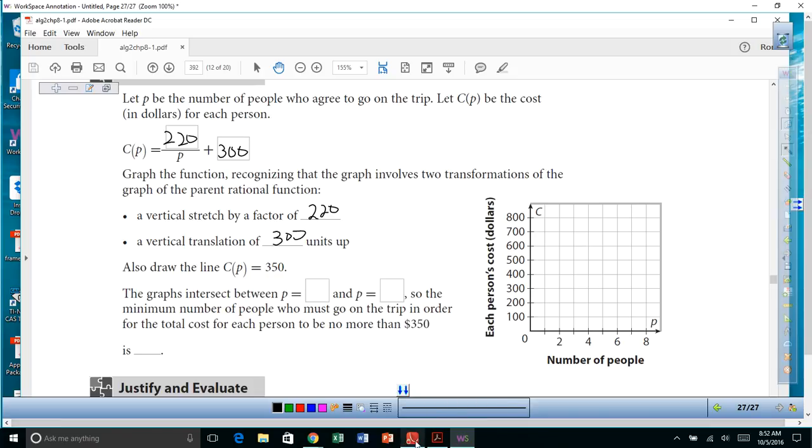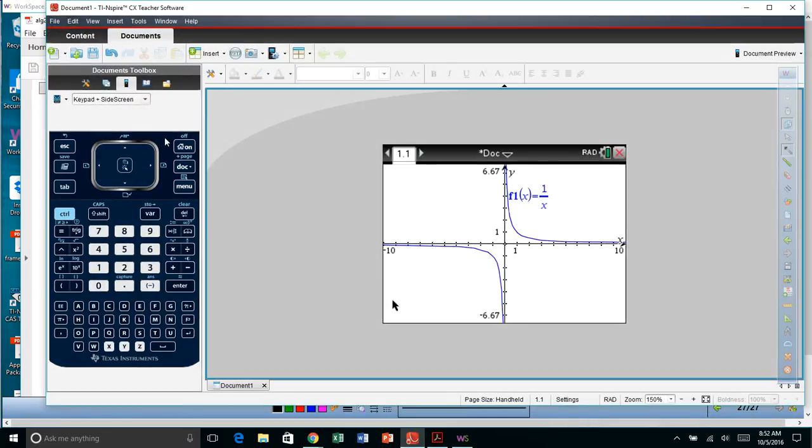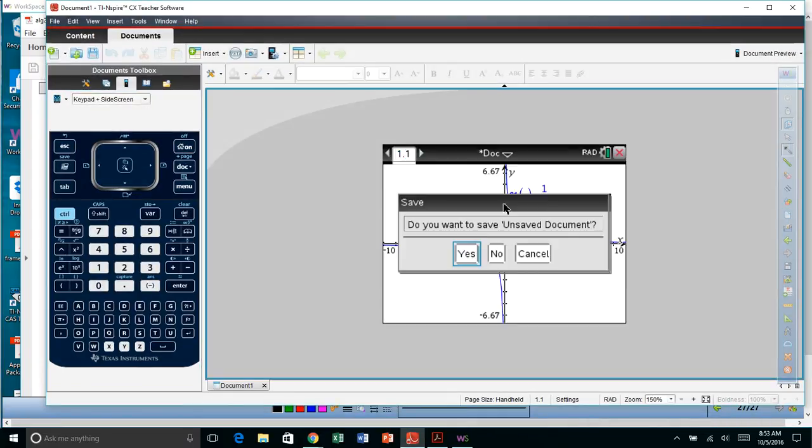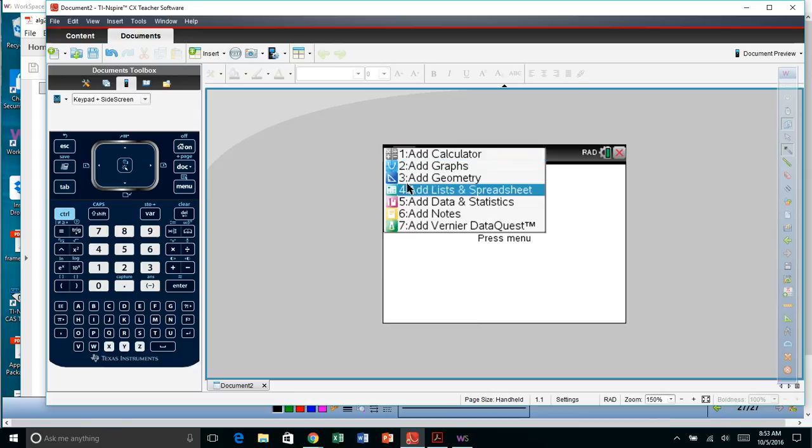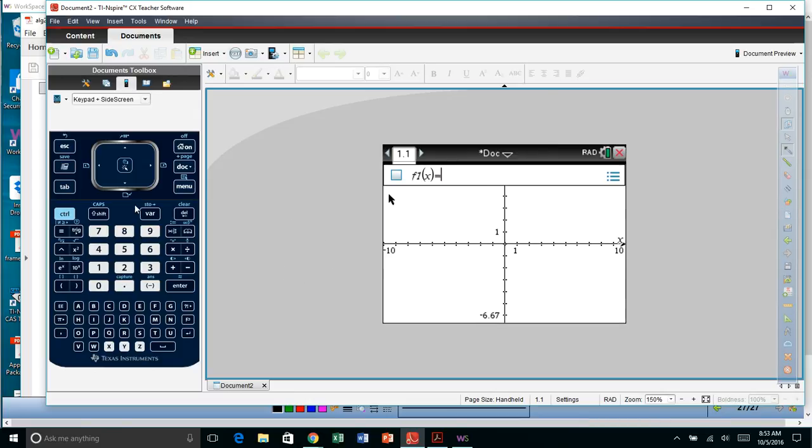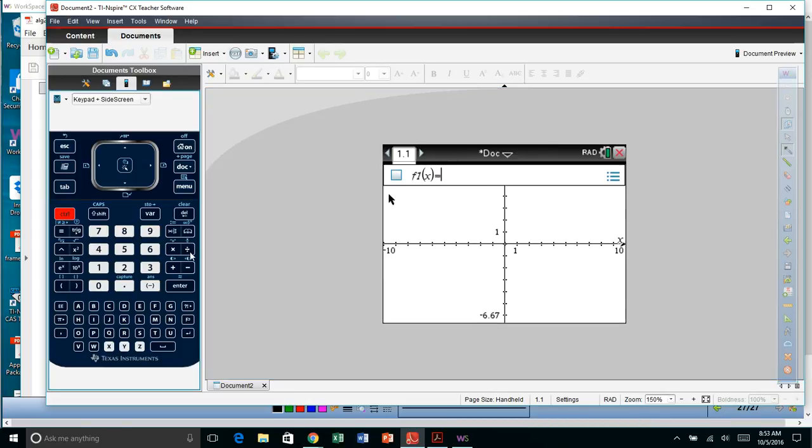Okay, let's do this on a graphing calculator. So we've got new document, graph, control, divide, and we've got 220 over x, and then that was plus 300, right?